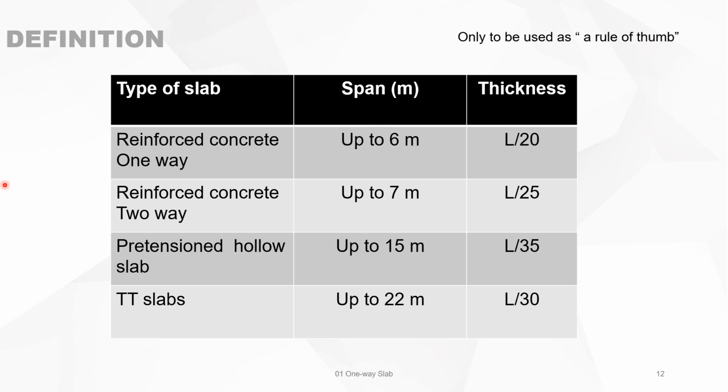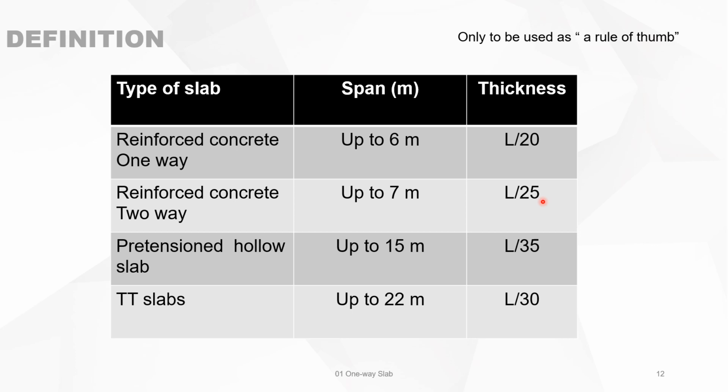There are some rules of thumb. If you want to make a pre-design of a slab, then you can use those figures that I'm going to mention now. If you have a reinforced concrete one-way slab, then you can go up to a span of 6 meters, and as a first idea, you use a depth of the span divided by 20. For a reinforced concrete two-way slab, you can go up to 7 meters and you can lower the depth to L divided by 25.